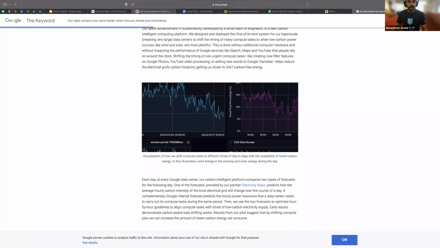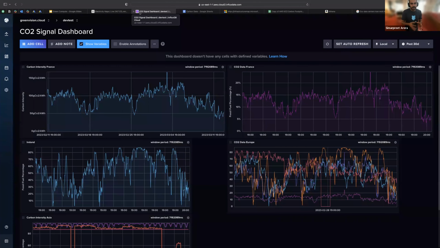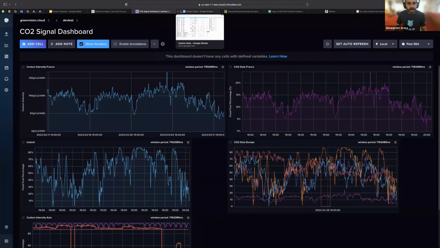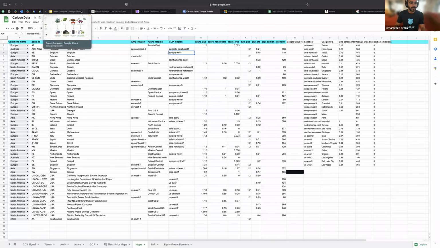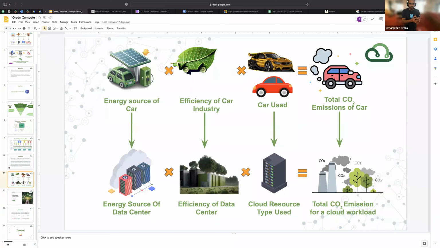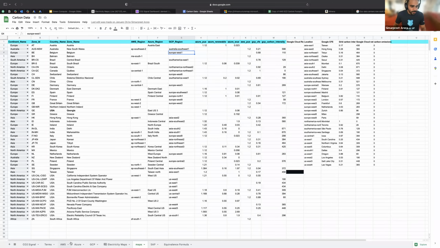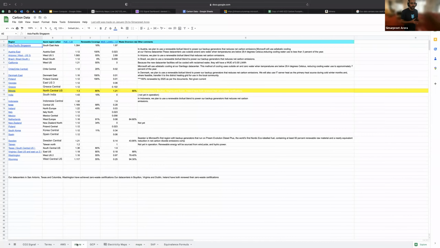So I had this time series data and the mapping to Electricity Maps, and the first part of the question is answered with this. Now, the second part of the question is the efficiency of the data center. For this data, I went to the websites of Azure and the other cloud providers and figured out the PUE, or power usage effectiveness, of a data center.